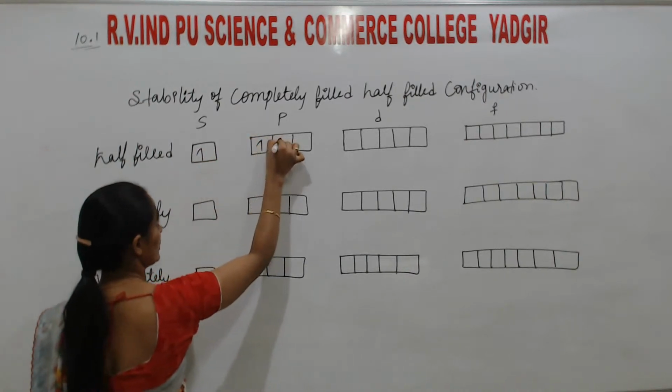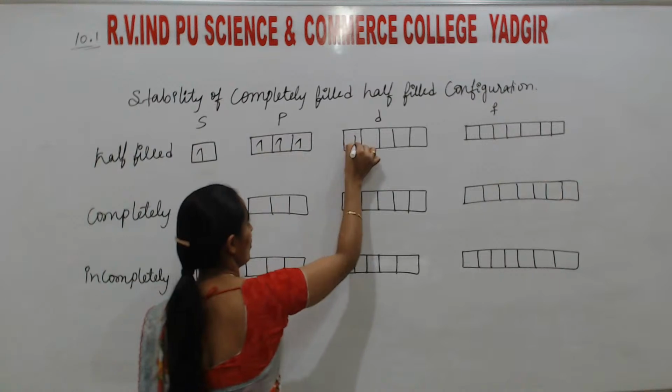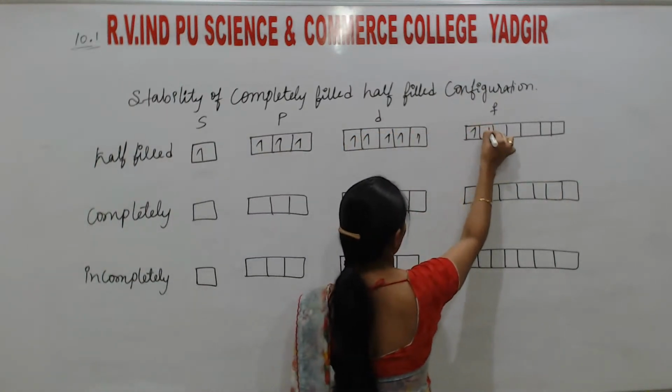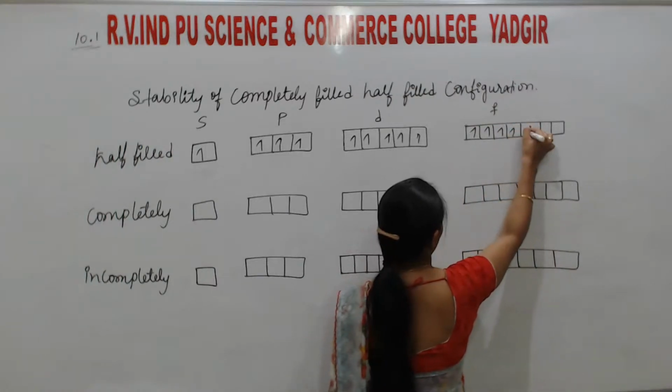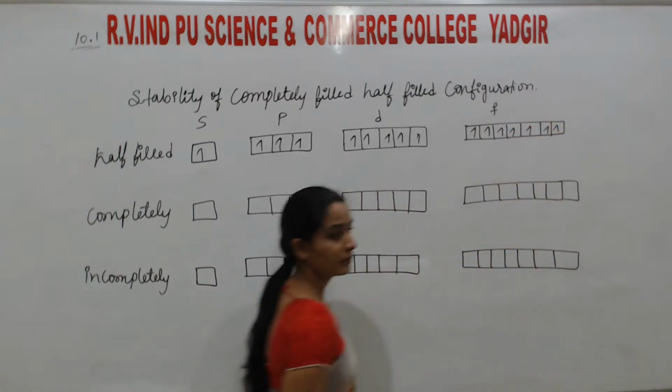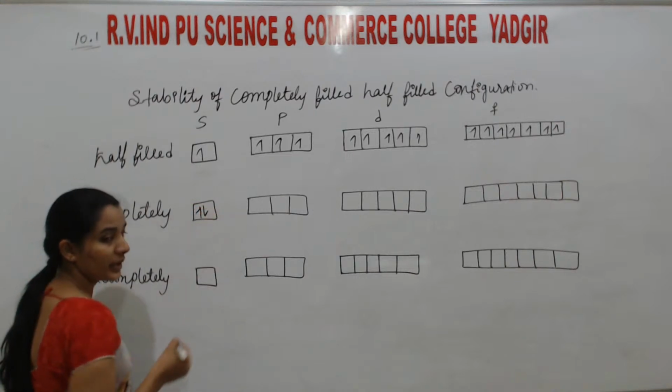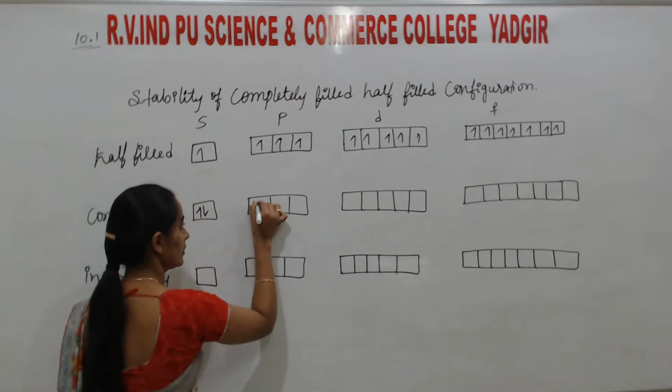All the three single electrons in the orbitals are half-filled. This is half-filled configuration, and this is stable. Completely filled means they get paired up like this.